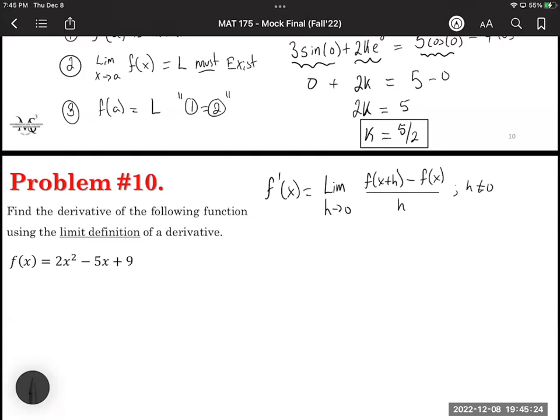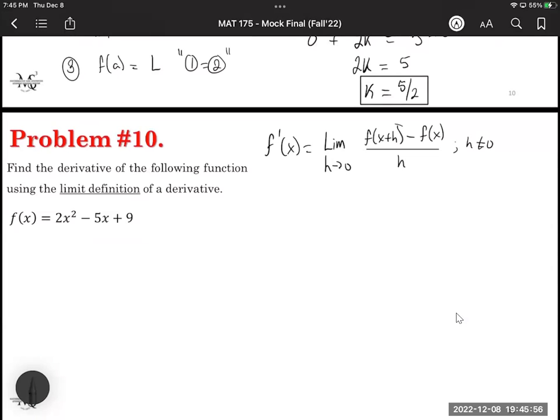The way that I do this is first, I figure out what's my f of x plus h, and then I make some substitutions, I simplify the difference quotient, and then I evaluate the limit towards the end to get my derivative. By the way, if I use my derivative rules only to solve this problem, and I'm not using this formula that I show you here, then you're not going to get any credit for this question. You have to use the limit definition.